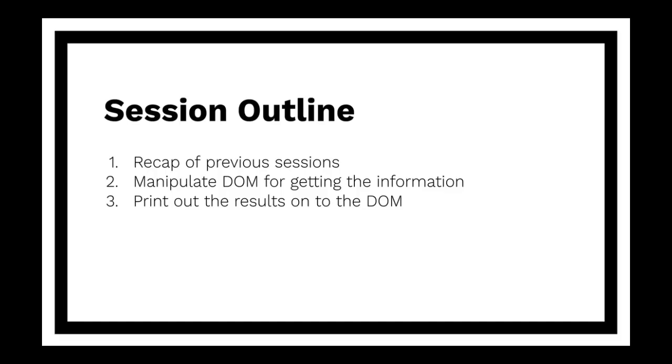The next one is we're going to understand how we can manipulate the DOM to get the user inputted information, and we have to get this information and do some calculations on top of it and display the results, right? So what is the actual project that we are building, right? So we'll see that after we're done with the recap.